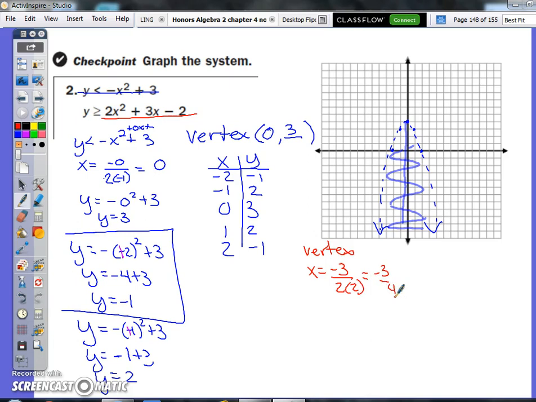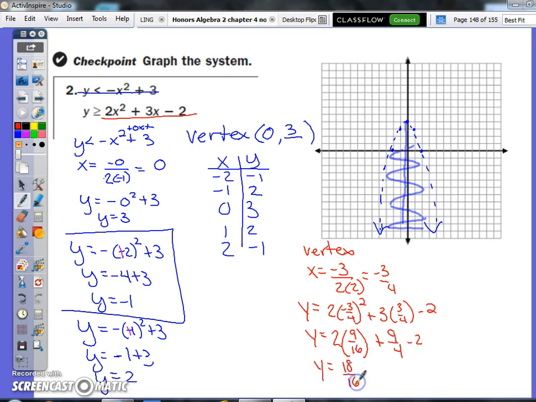Here we are. So y equals 2 times the negative 3/4 squared plus 3 times 3/4 minus 2. All right. So y equals 2 times the positive 9/16 plus 9/4 minus 2. So y equals 18/16.